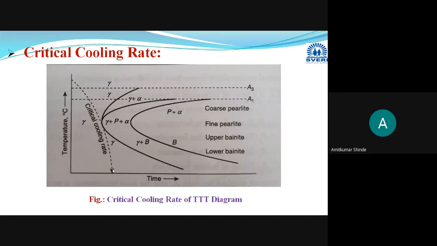That's why, to get martensite in low carbon steels, we have to do very fast cooling, hence low carbon steels cannot be hardened.